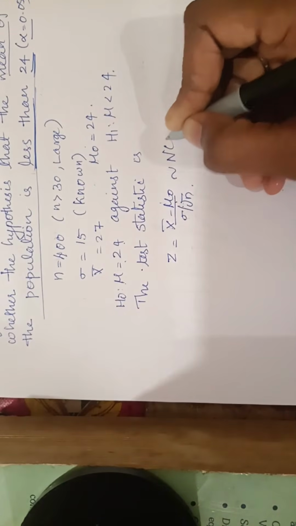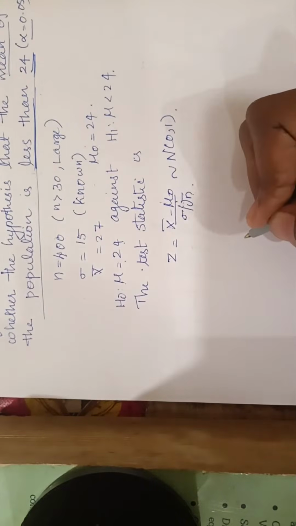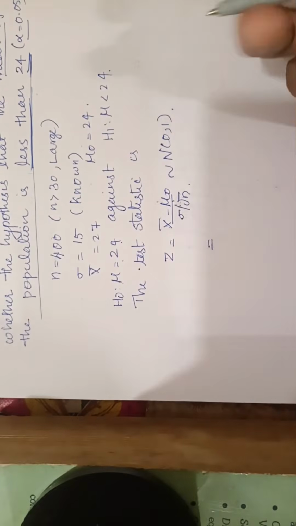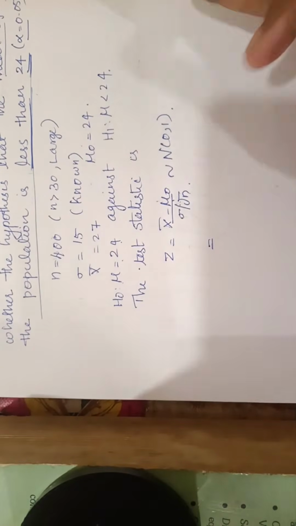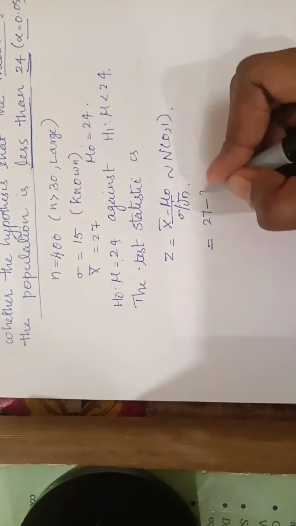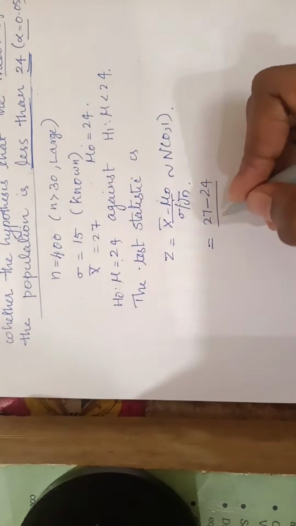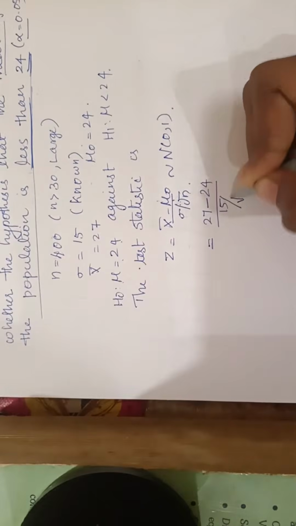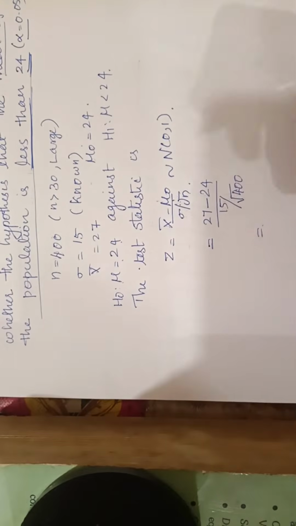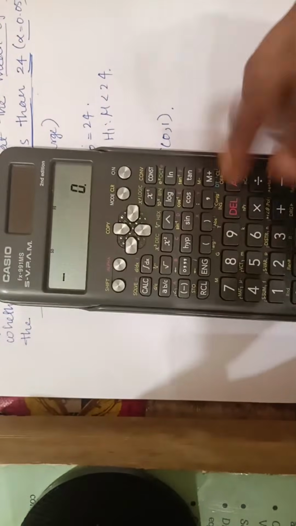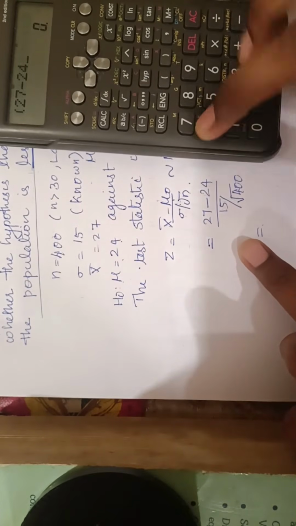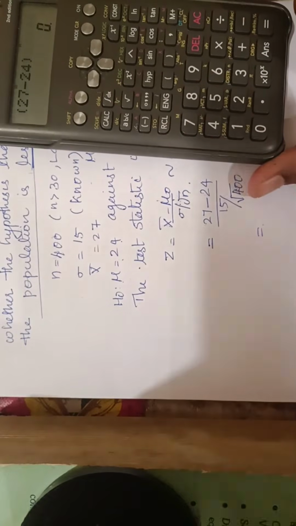This follows normal distribution with mean 0 and standard deviation 1. That is, this follows the standard normal distribution. So let us substitute the values and find the value of Z. x bar is 27 minus mu naught is 24, divided by sigma is 15 by root n is root 400. I am finding this by putting brackets.